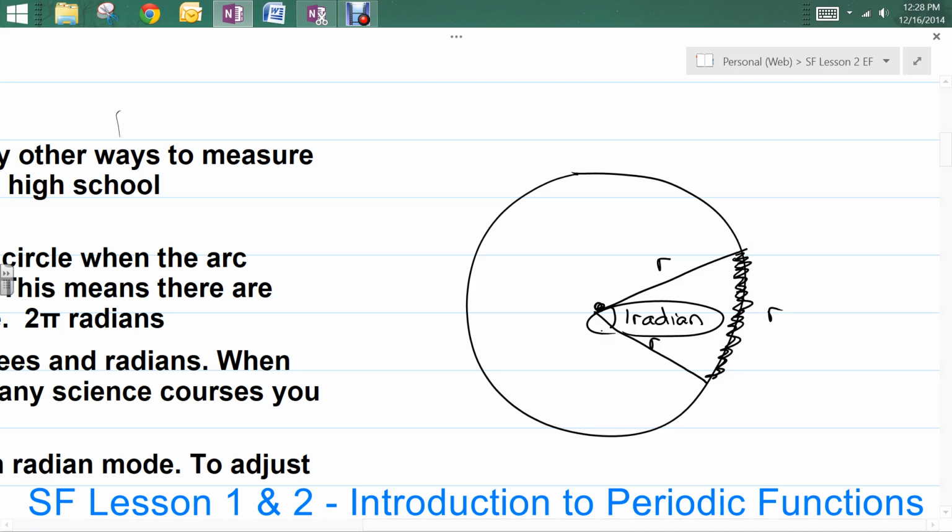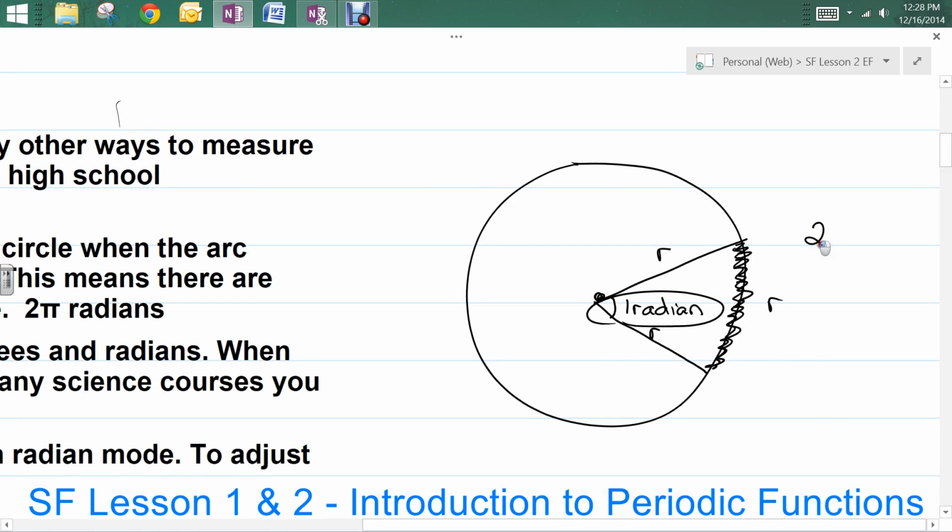Now, that seems really weird, but what that means is there are 2 pi radians in every circle. Now 2 pi is about 6.28, because it's 2 times about 3.14. Where does that come from? Why am I saying that's more natural? Well, what happens is this angle of the circle is the circumference of the circle.